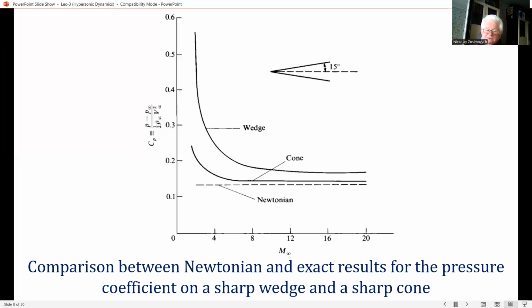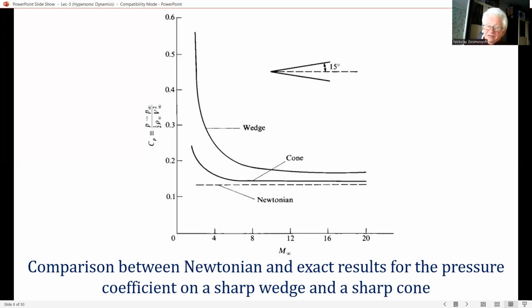And this comparison demonstrates two general aspects of Newtonian results. The accuracy of Newtonian results improves as Mach number increases. And this is to be expected from our preceding discussion.